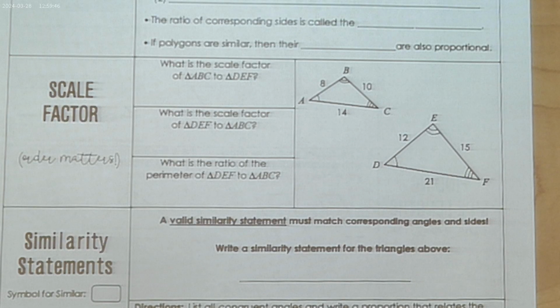Congruent means proportionally equal. And what that means is that within the context of a ratio, they are proportionally equal.